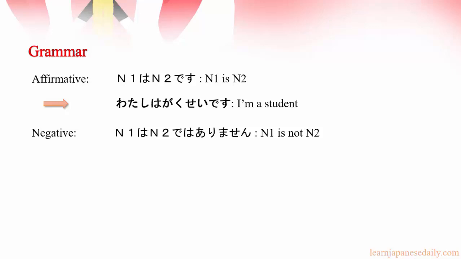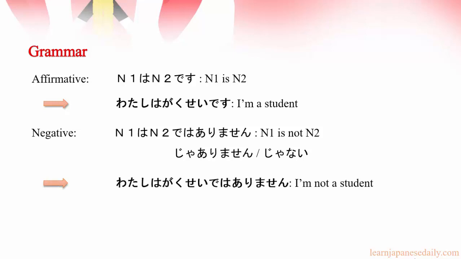In speaking, we use it shorter, じゃありません or じゃない. This is only used when it is less formal, for instance, when you speak to a person you know. With the same example above, when I say I'm not a student, I would say 私は学生ではありません, or 私は学生じゃありません.